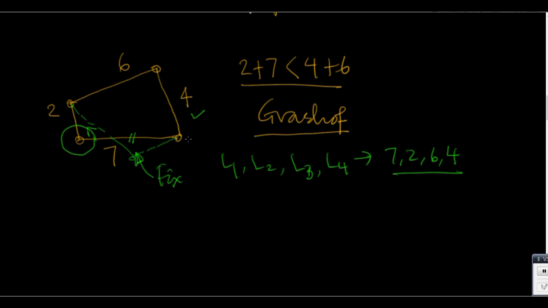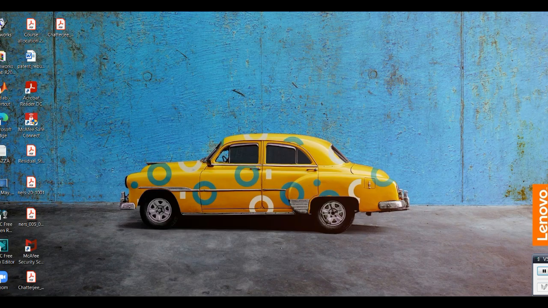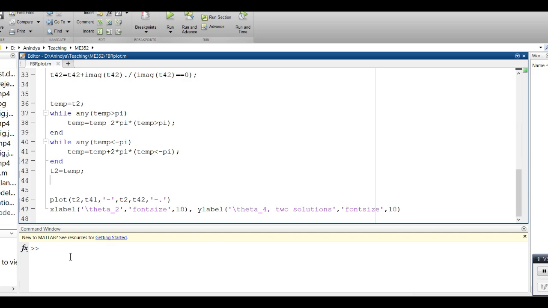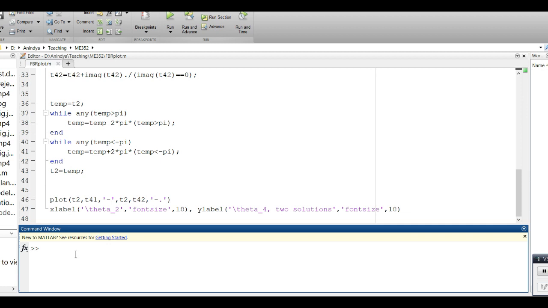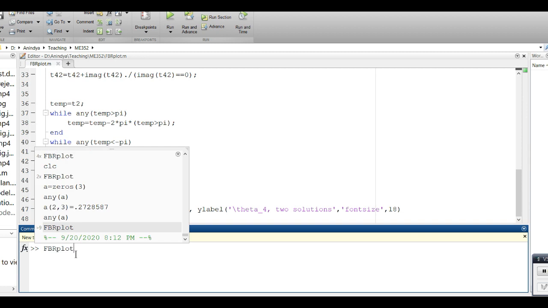That is why I will have one theta 4 which is between 0 and pi, and another theta 4 that is more than pi but less than 2 pi. Let's go back to MATLAB and run this program.